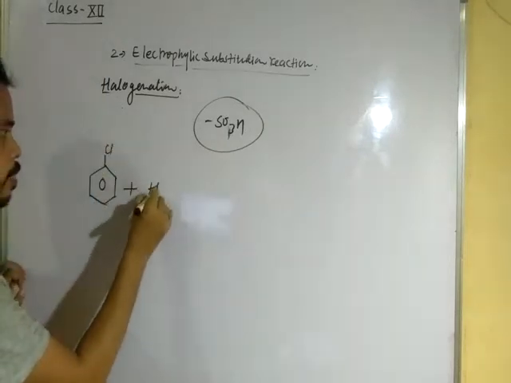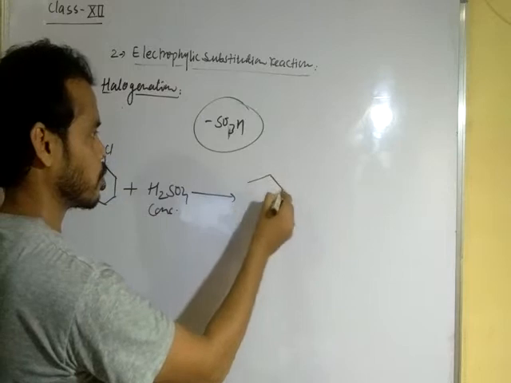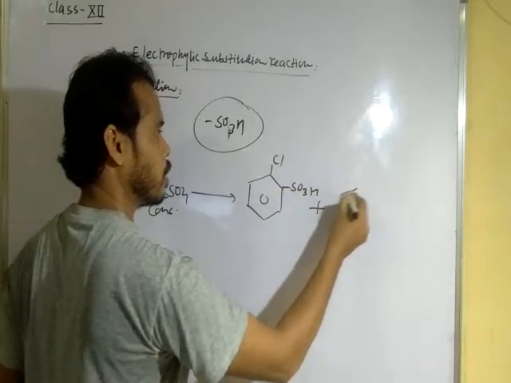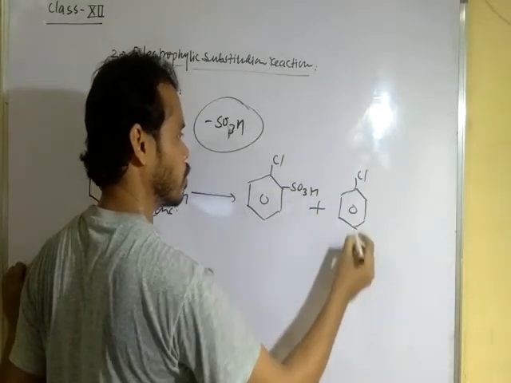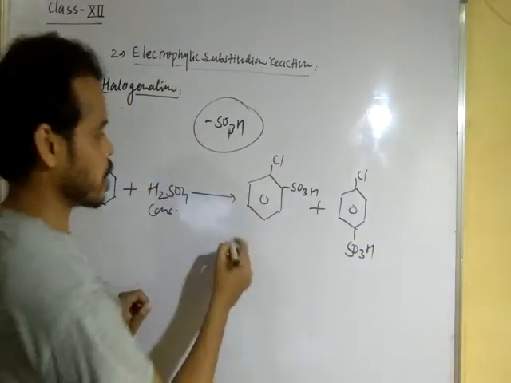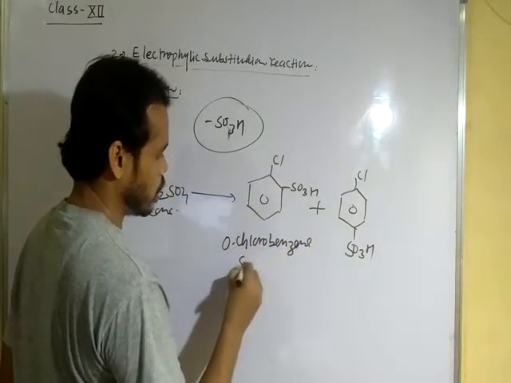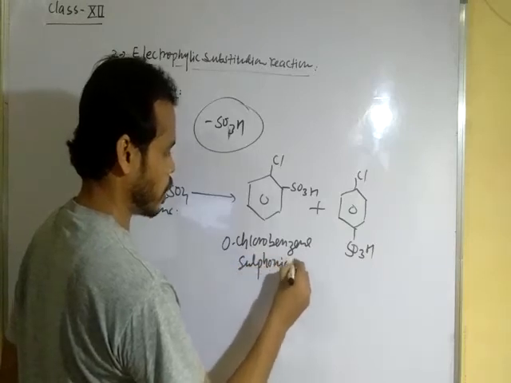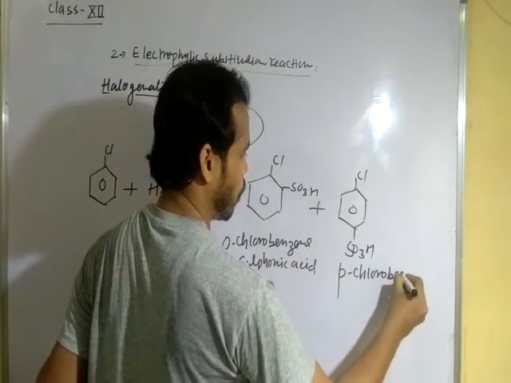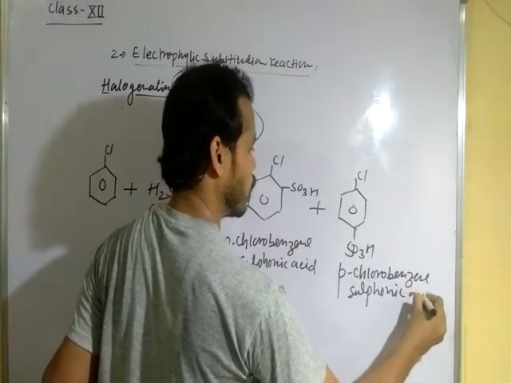Let us see this reaction. When chlorobenzene is treated with concentrated H2SO4, it forms SO3H products. This is orthochlorobenzene sulfonic acid, or this is parachlorobenzene sulfonic acid.